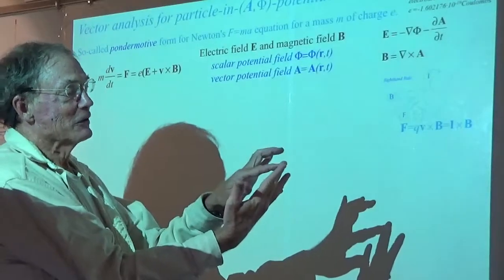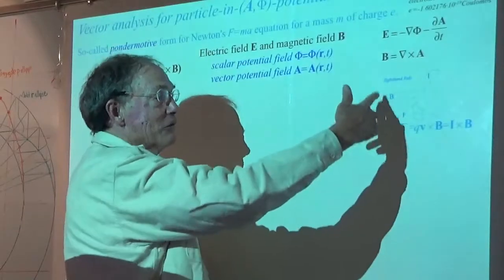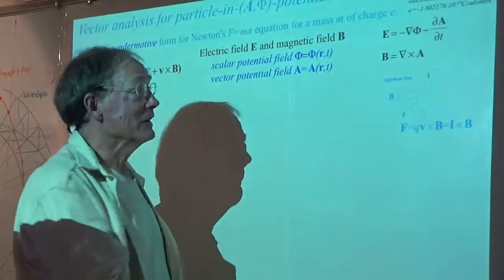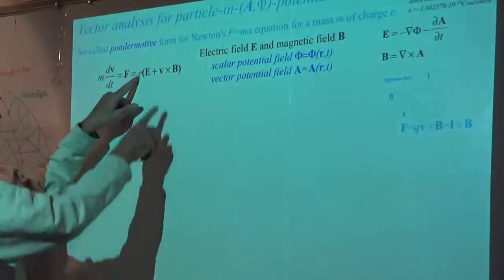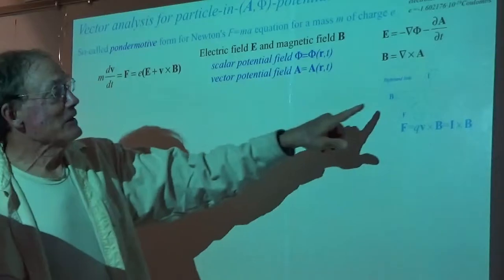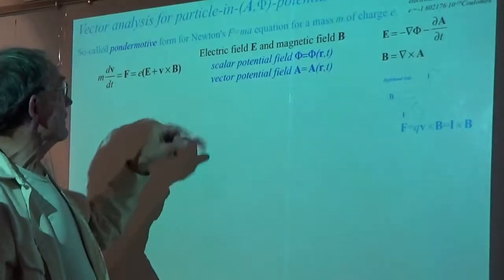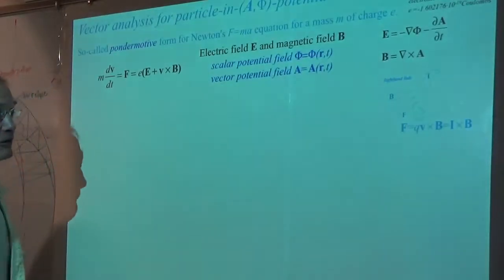So the first thing you have to do is, starting with this finger here, put F, B, and I, and then that is the right orientation of the current, which is the electric charge times the velocity, B, the magnetic field, and then F, the force that's driving this ponder-motive system.